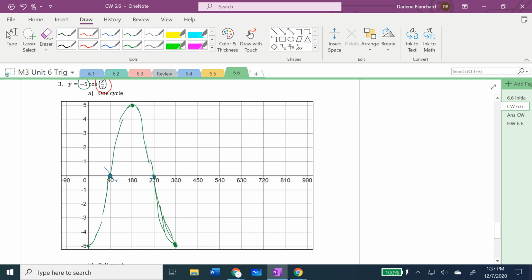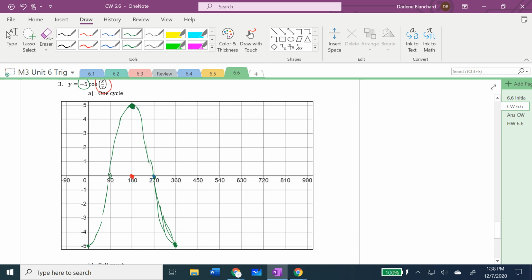I'm going to start with 90. This point, its x coordinate is 90. 90 times 2, 180. This point right here, its x coordinate is 180.